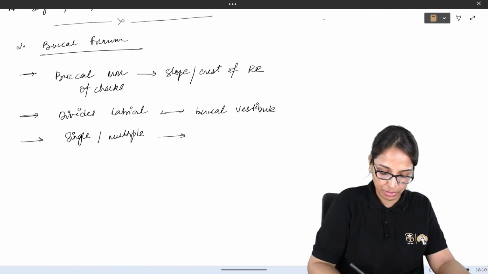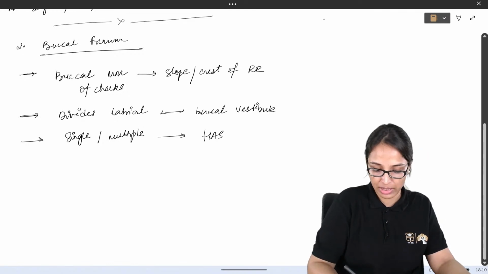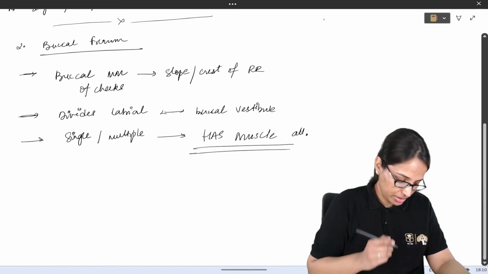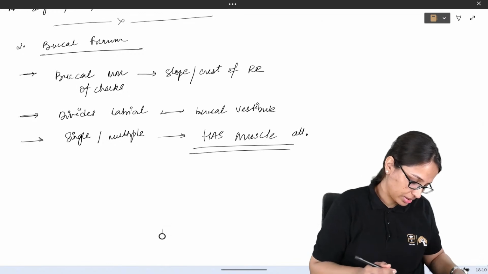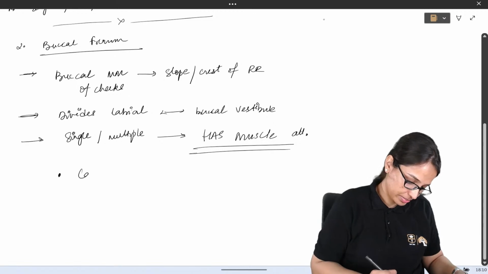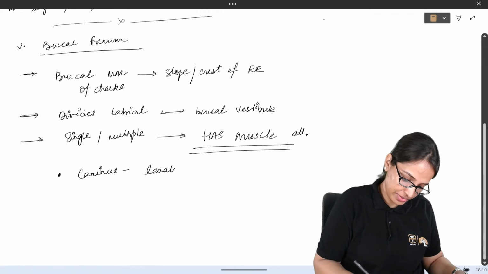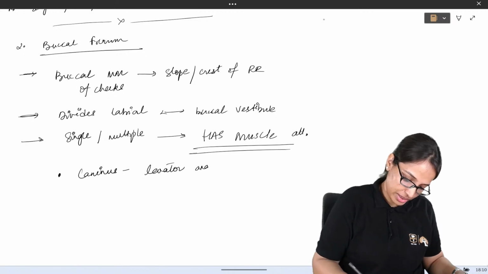But the most important point is it has muscle attachments. What are the muscle attachments that are present here? In a buccal frenum, what you see is caninus. Caninus basically is a levator anguli oris.